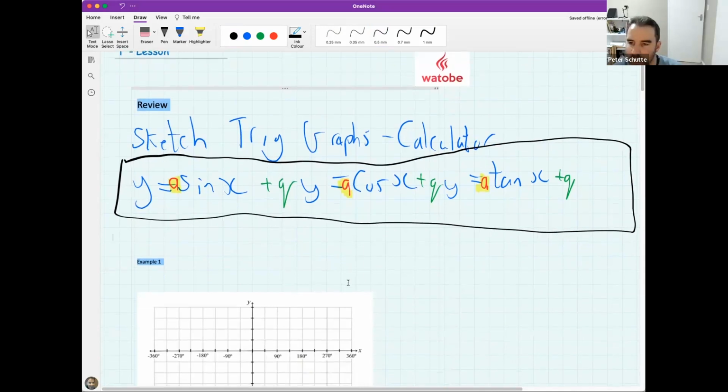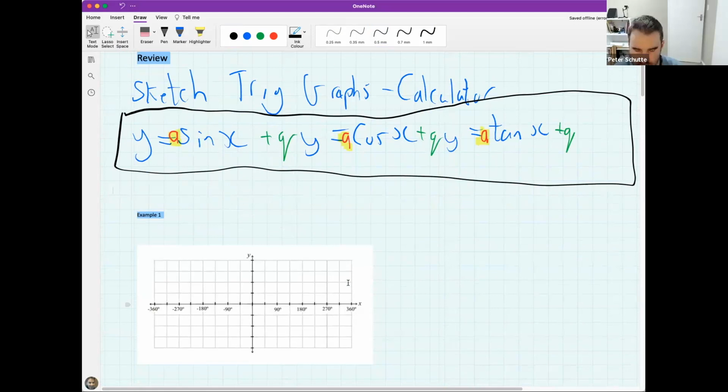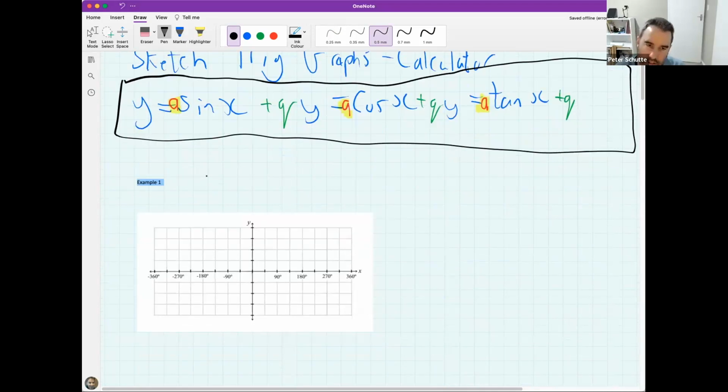Okay, well, let's just do one bit of revision before we move on to the next one here. Let's try together. So we've got this graph here, and I'm going to say to you, draw a trig graph. Let's make it cos, and I'm going to change two things with this graph.